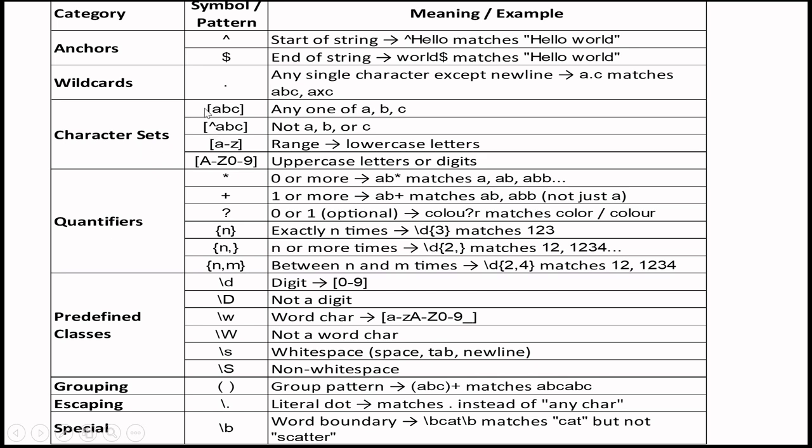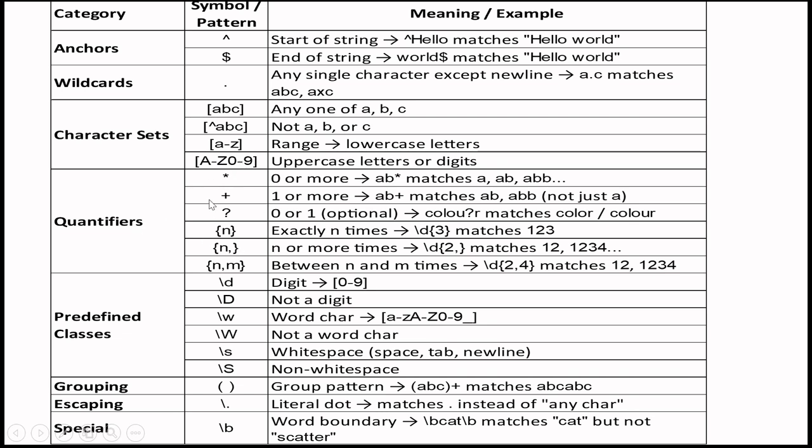If you put a series of characters within square brackets, it means any one of those characters, and if those characters are preceded by a caret symbol, it means not one of these characters. If there's a hyphen between two characters that are given, it means range. So any character in that range, small a to small z, and this will mean any uppercase alphabet or any digit from 0 to 9.